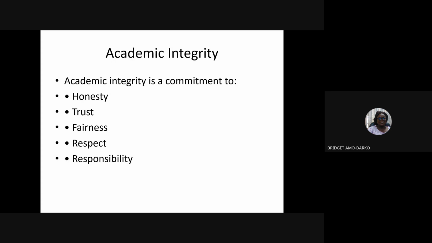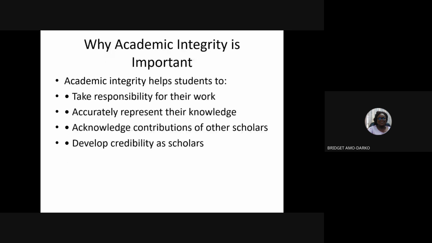Academic integrity is a commitment to honesty, trust, fairness, respect, and responsibility. We are still on the concept of citation. When you cite, you bring out your academic integrity. And academic integrity consists of being honest, trustworthy, fair, respectful, and responsible for your work.